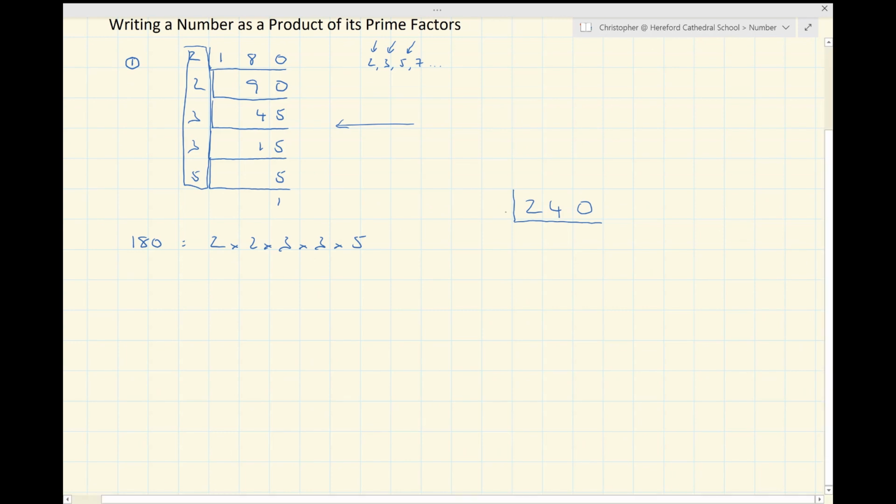So I'm going to divide 2 into 240 until I can't divide 2 in any longer. Of course, as long as the number's even, you can divide 2 into it. Right, 2 doesn't go into 15. Does 3? Yes, it does. It goes 5 times. 3 doesn't go into 5. The next prime number is 5. Does 5 go in? Yes, it does. It goes in once.